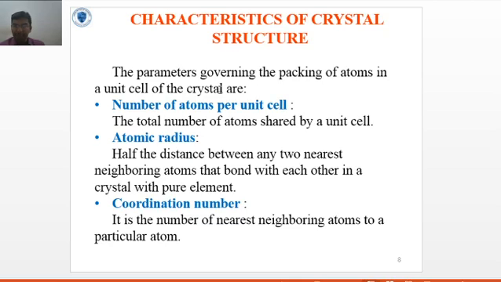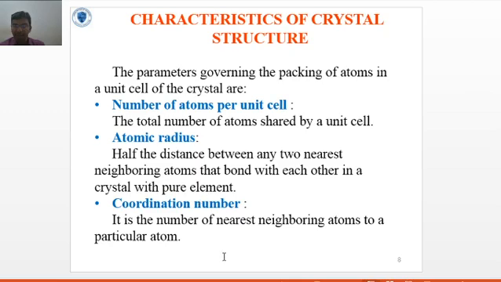Characteristics of a crystal structure. In order to study the characteristics of a crystal structure, we need to know the following points. Number of atoms per unit cell, that is the total number of atoms shared by a unit cell. Atomic radius, half the distance between any two nearest neighboring atoms that bond with each other in a crystal of a pure element.